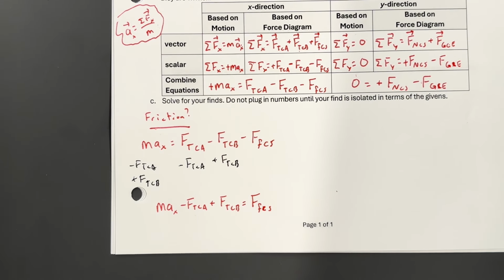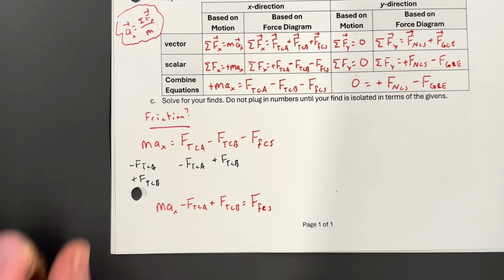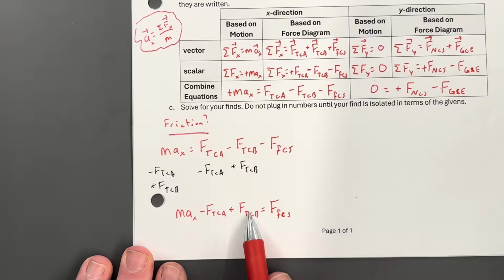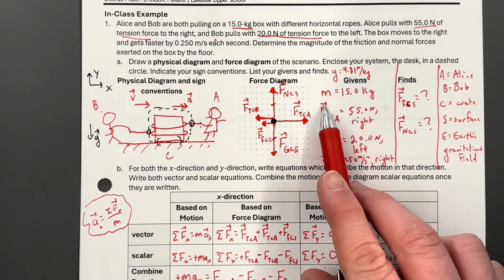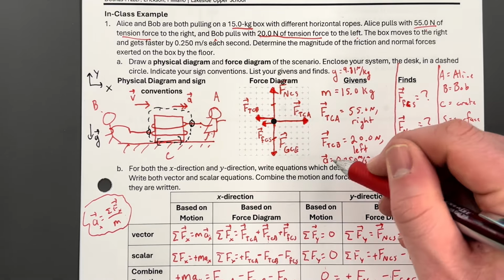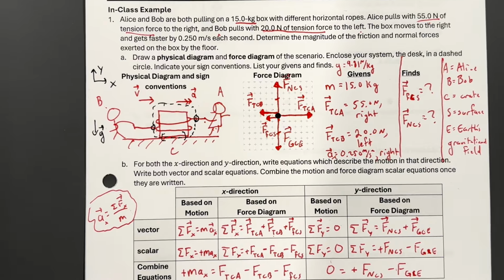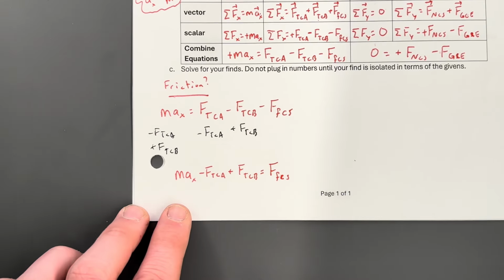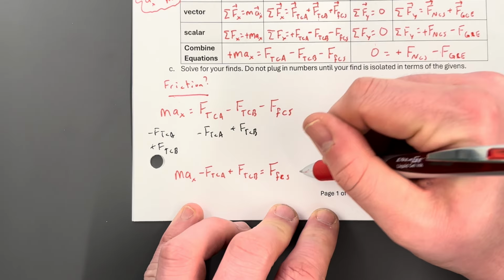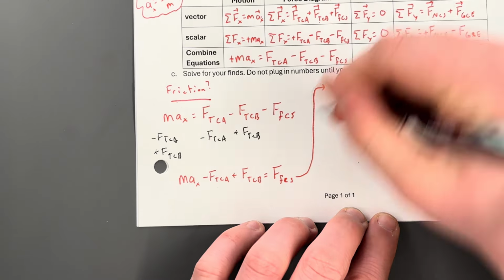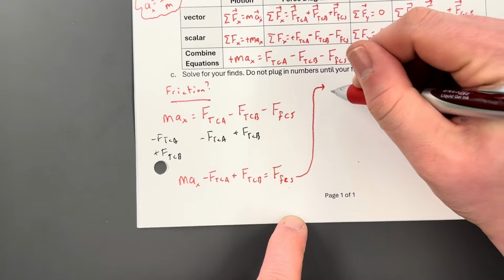And now I ask myself, am I ready to plug in numbers? Well, let's take a look. Here's what I'm looking for in my find list. Great. Do I have 1, 2, 3, 4, all 4 of these variables in my given list? I have the M, I have the A, I can even make that an Ax, and I have both tensions. Yes, we are good to go. Let's plug in numbers. I'm going to flip this so friction's on the left now.